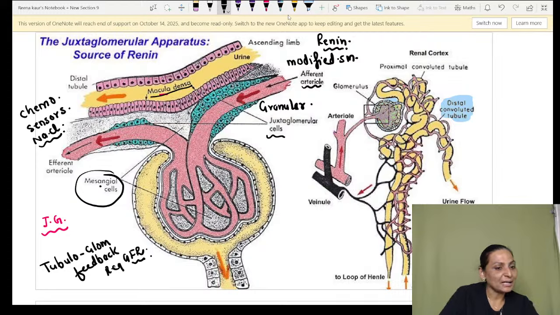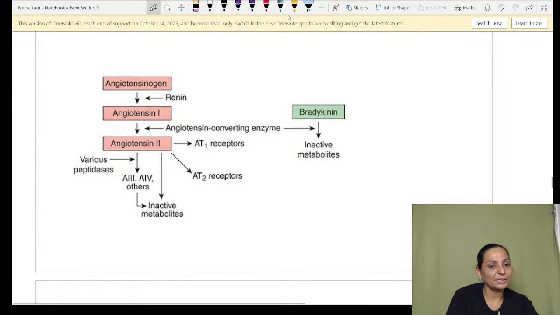Remember, these are called extraglomerular mesangial cells, because there are also intraglomerular mesangial cells, but they are not part of the juxtaglomerular apparatus. Intraglomerular ones are between the basement membrane and the endothelial cells, which have a totally different function. They are contractile in nature and can regulate GFR. So extraglomerular mesangial cells are a part of the juxtaglomerular apparatus.